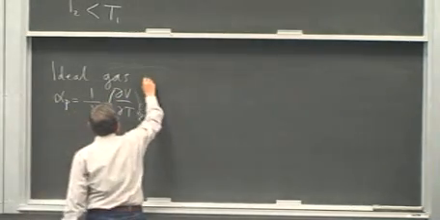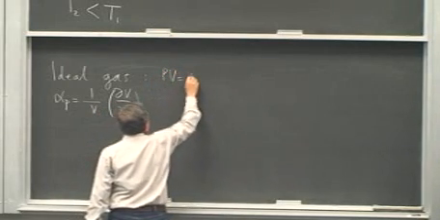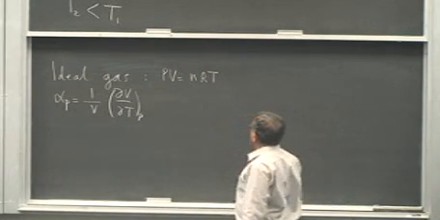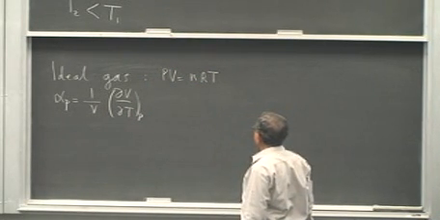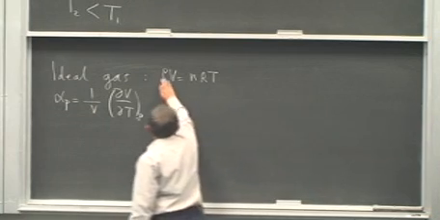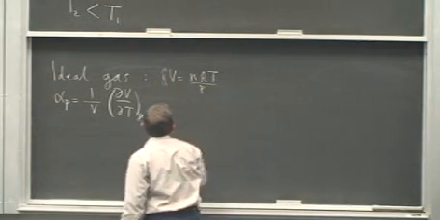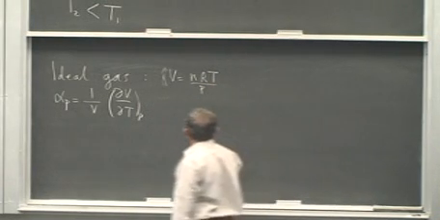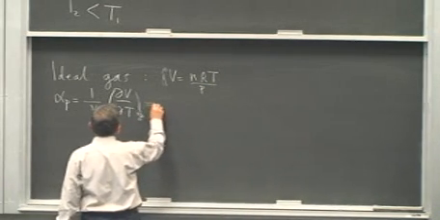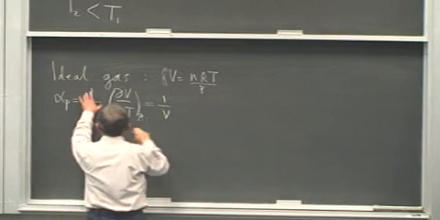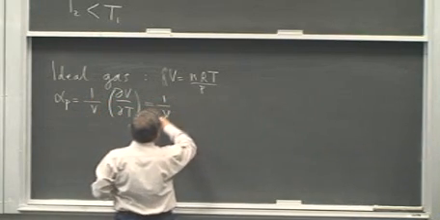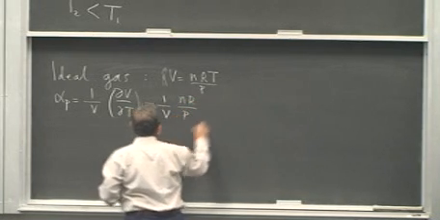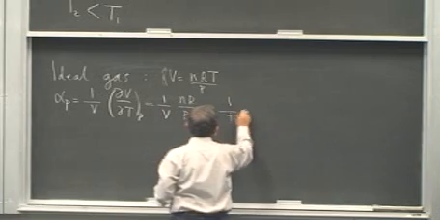And the ideal gas equation is PV equal to nRT. So V is equal to nRT over P, dV by dT when pressure is held constant is nR over P, with the 1 over V outside, and this is equal to 1 over T.